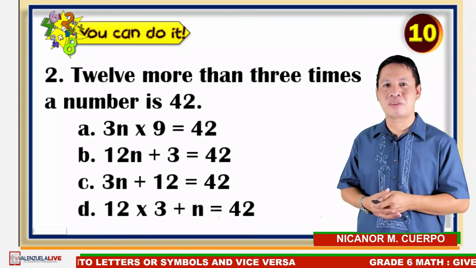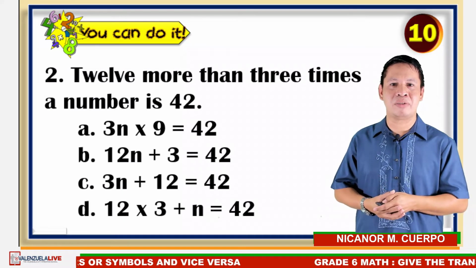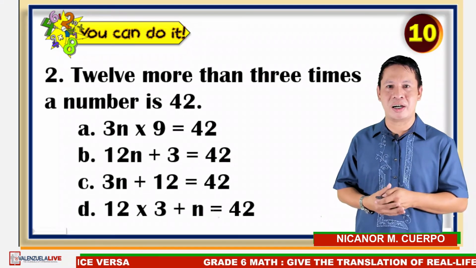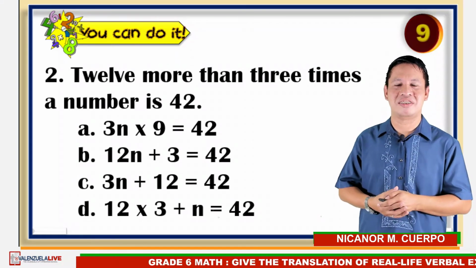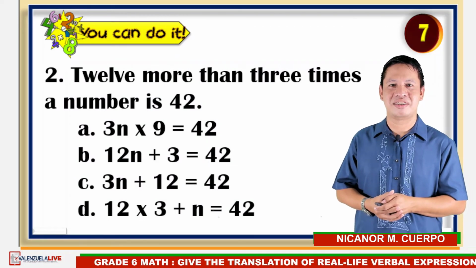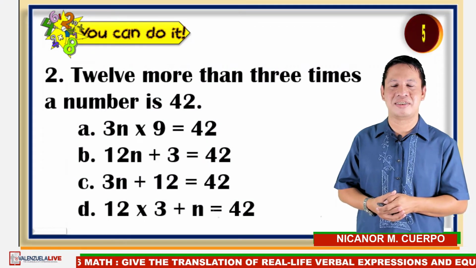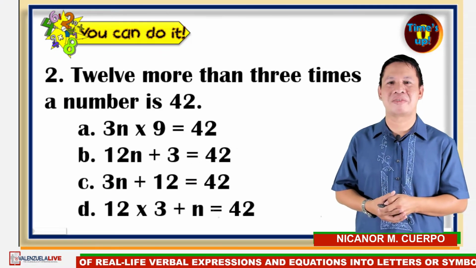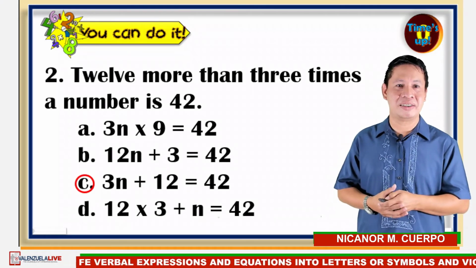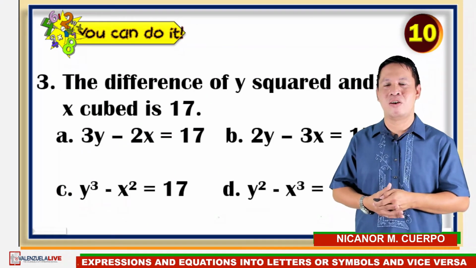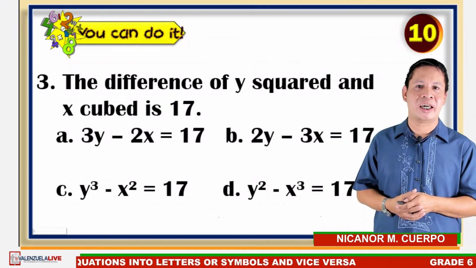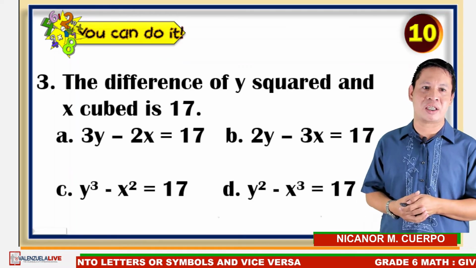Next. 12 more than 3 times a number is 42. Timer starts now. Time's up. The correct answer is letter C. For number 3, the difference of y squared and x cubed is 17.